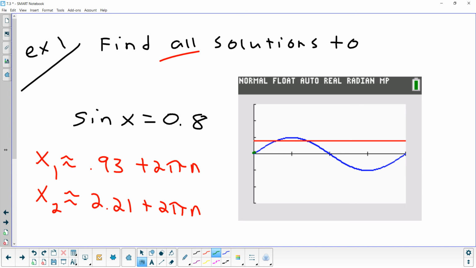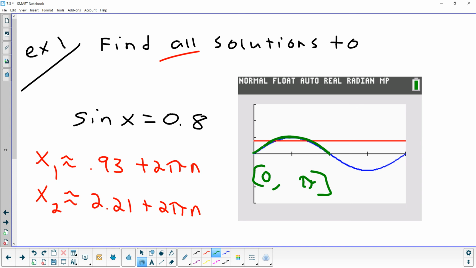Well, that would happen from here to here. In that interval, it looks like that's 0 to pi, because I think the window was 0 to 2 pi. So from 0 to pi, it's above 0. Above or equal. We'll say above or equal, because I use brackets.